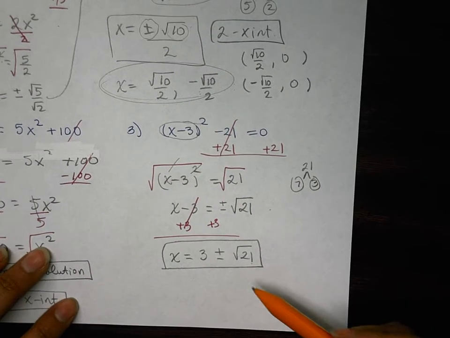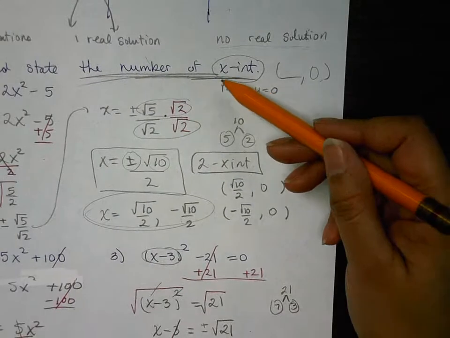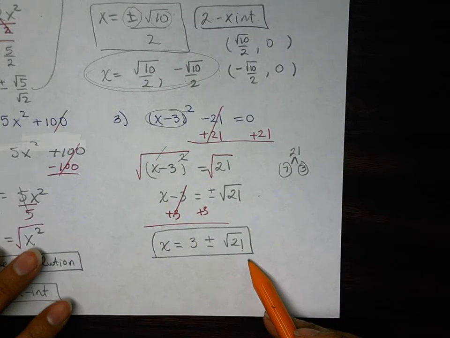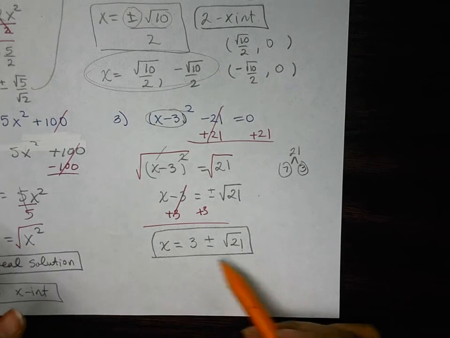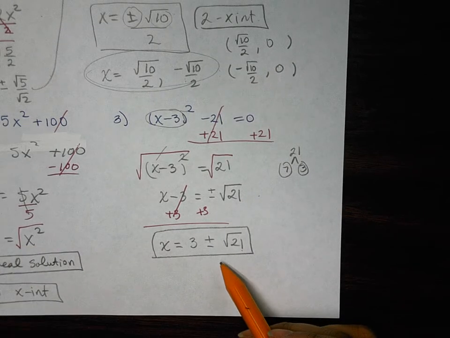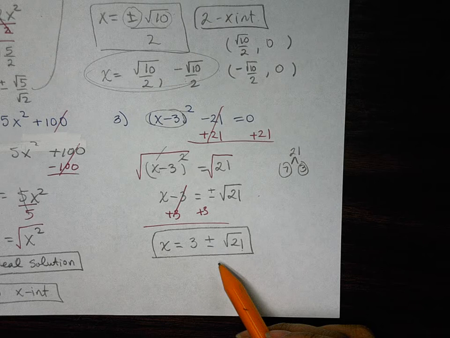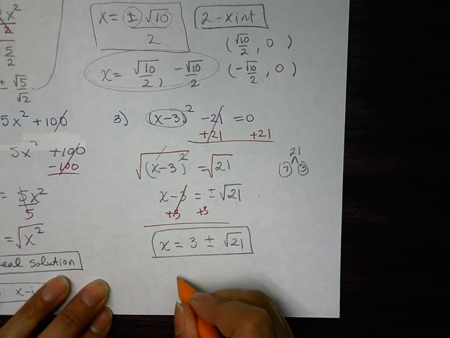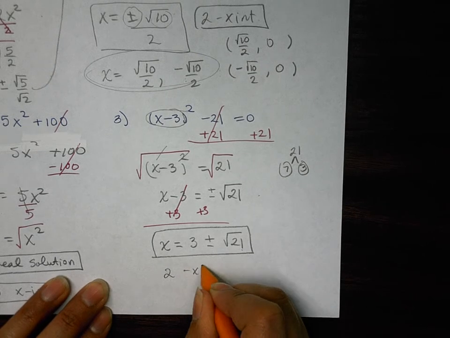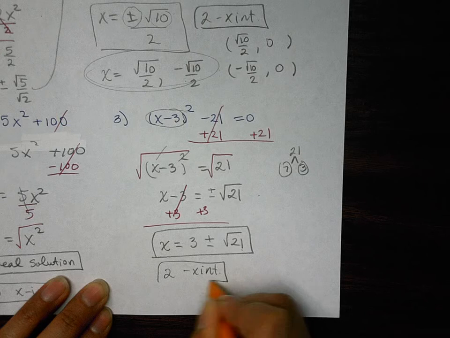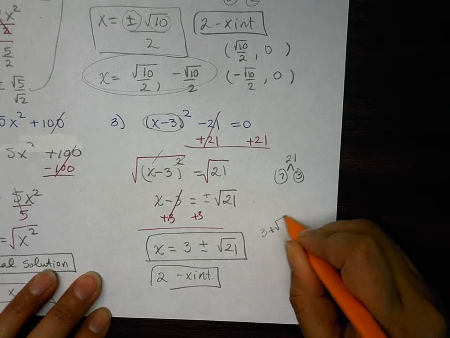You know what? Before you do, there is one thing I forgot to do on number 3. What was it? How many x-intercepts do I have? Is it none? Is there any way this is none? Okay, it's either 1 or 2. It's 2. Why is it 2?